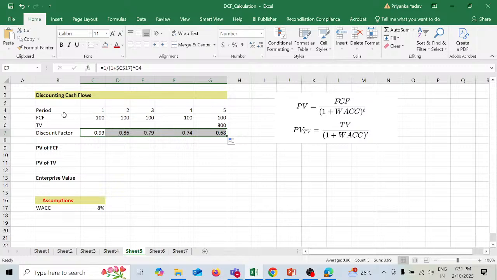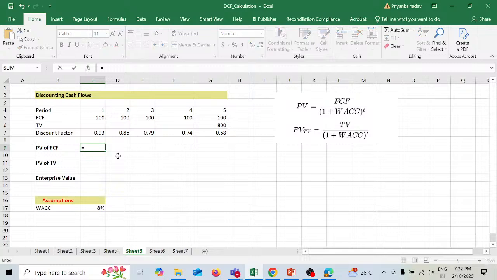Let's suppose 100 is the future cash flow for 5 years. If you discount it at the present rate, this is the present value. This is the discount factor. Now we'll find the present value of this future cash flow. So simply multiply this discount factor with the future cash flows.